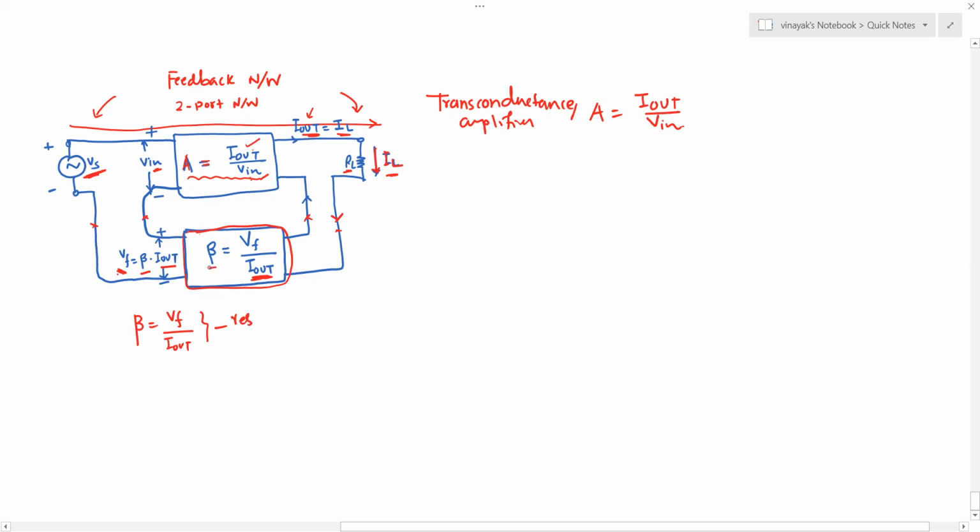So your feedback circuit is resistive, or you can say the gain of the feedback circuit is the resistance. Okay, and the produced voltage, now look at the polarity here, is getting mixed up with the input signal source Vi.